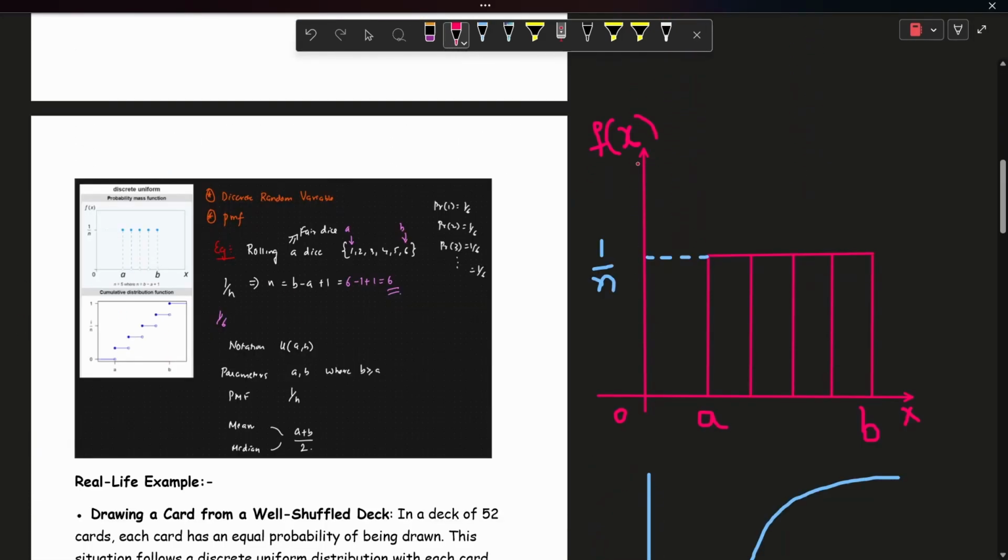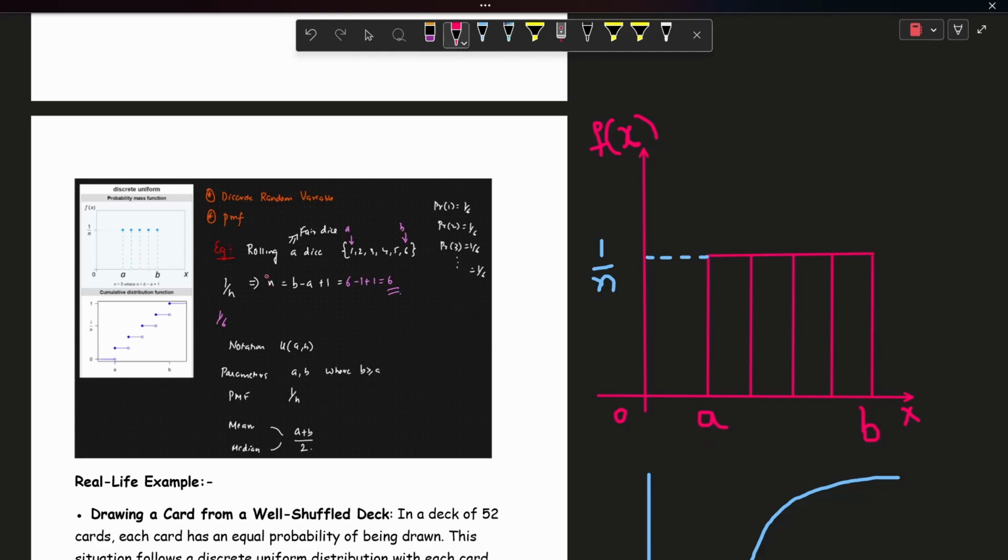Here is the graph of a uniform discrete distribution. There is one outcome, and this is one outcome, and this is one outcome. All have equal chances of occurring, so this graph is on the same level. It is not increasing or decreasing. A is the starting point and B is the last.